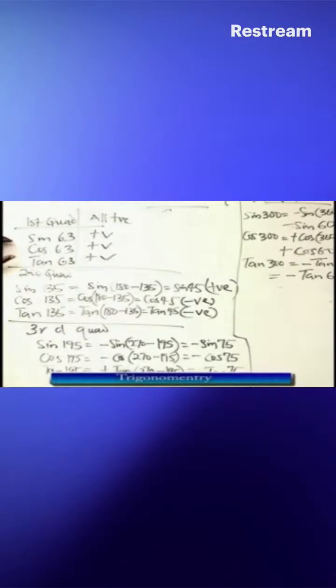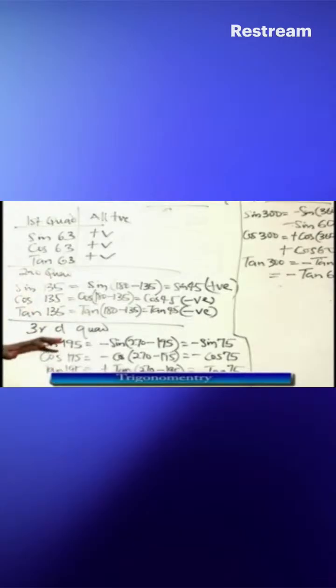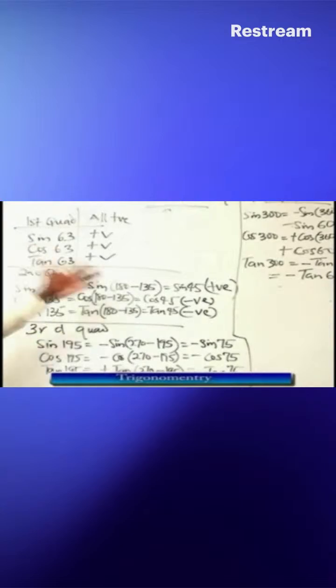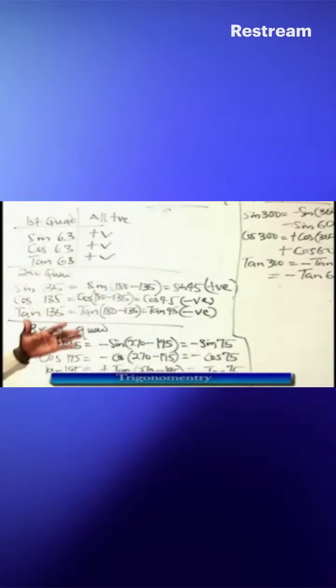We move from there to the second quadrant. The second quadrant are angles between 90 and 180. Again, 135. Like I said, if you are using a four-figure table, you will not see angles like 135 there. The angles are between 0 and 90.